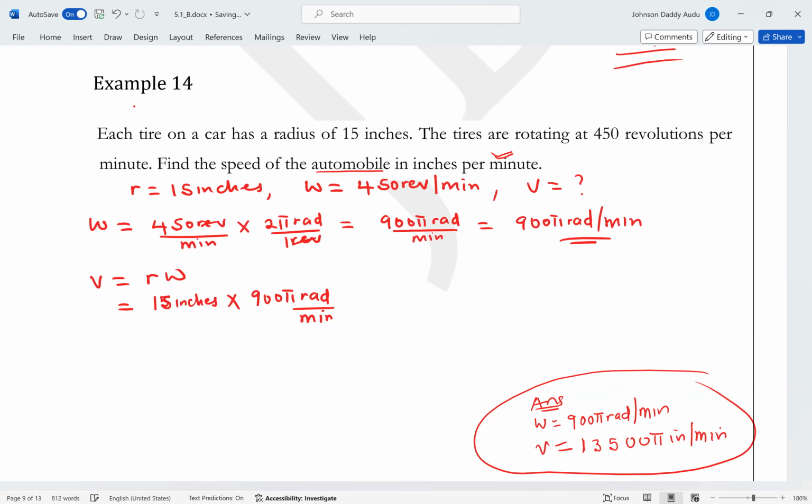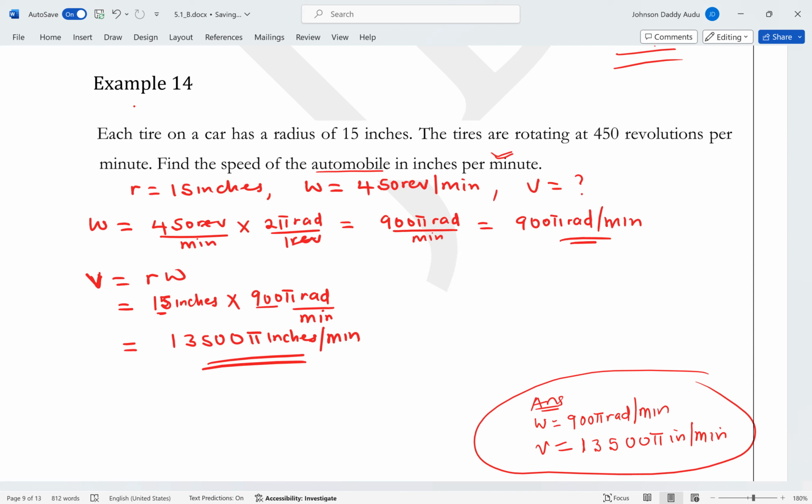One thing we know is that in the V formula, this rad is going to disappear. You don't need to have rad. I will explain that. This is just going to be 15 times 900, which is 13500 pi. Then the inches will remain, then per minute. Now someone will ask, where is this rad?